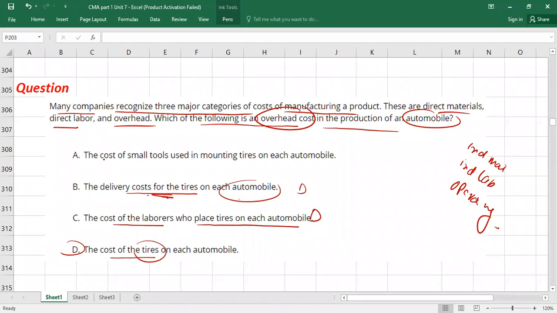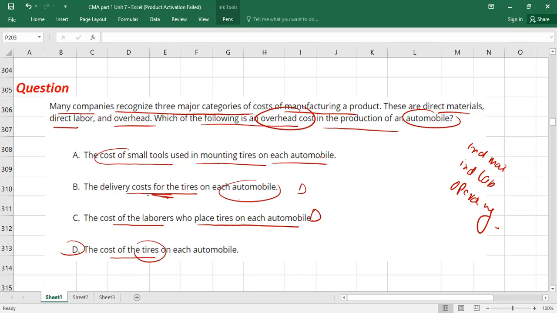Then what? Cost of small tools, dies, used in mounting tires on each automobile. Maybe you are using some machines, small tools to fix the tires. Is it material? Can you relate it with one product? No, these mounting tools will be used for all cars. You cannot relate it to any specific car.